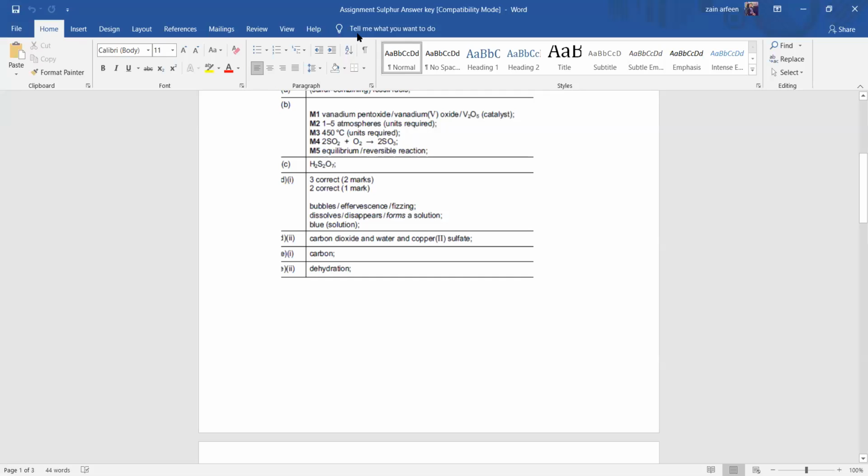Look, this is a distribution of the marks, the 5 marks. 1 mark is for mentioning vanadium pentoxide is a catalyst. 1 mark is for mentioning the temperature. 1 mark is for mentioning pressure. 1 mark is for the balanced equation, and the second mark in this equation is to show that this reaction is reversible.